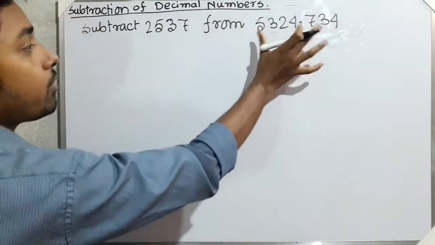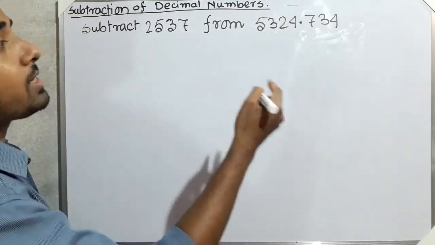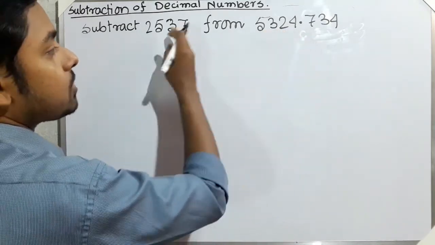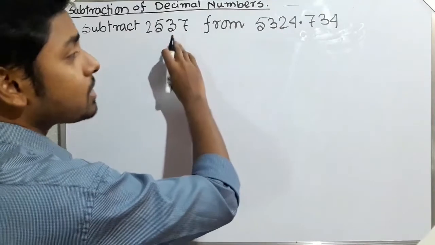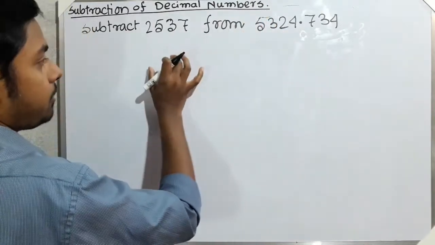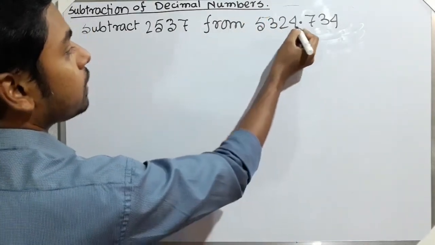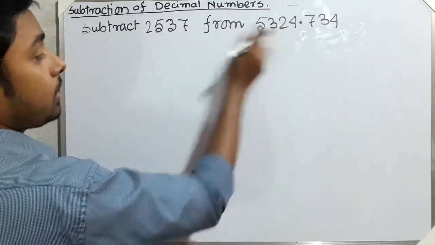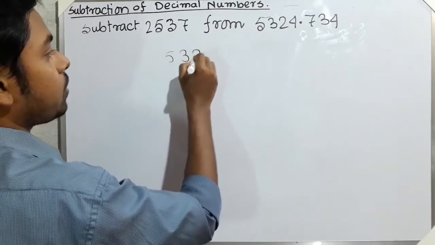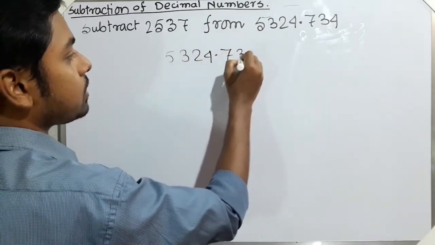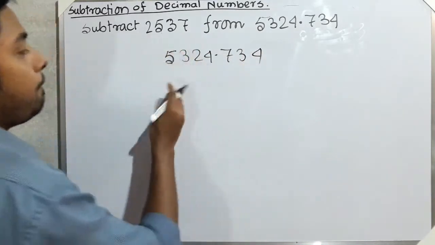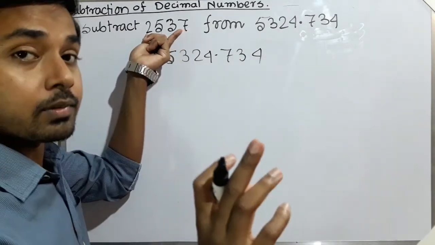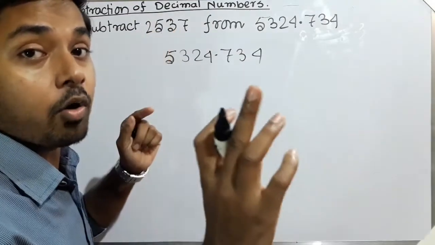So first of all, we already know how to understand from which number to which number we have to subtract. First, check which number is the biggest one. That number you have to write first. That means 5324.734, and below these digits you have to write this number, accurately, digit by digit, all the digits.